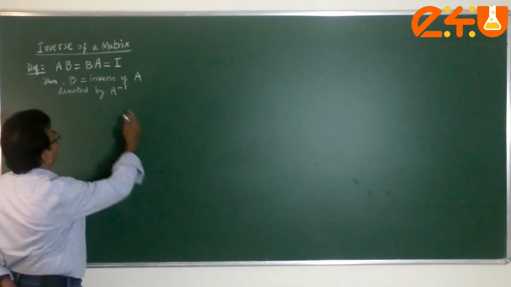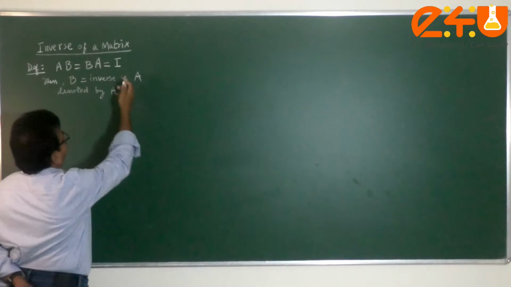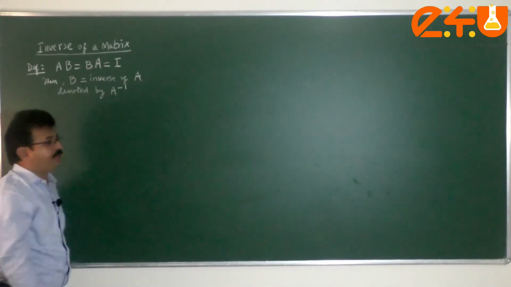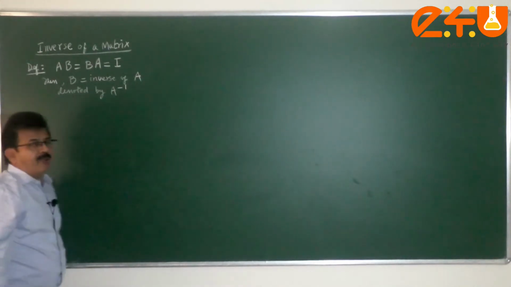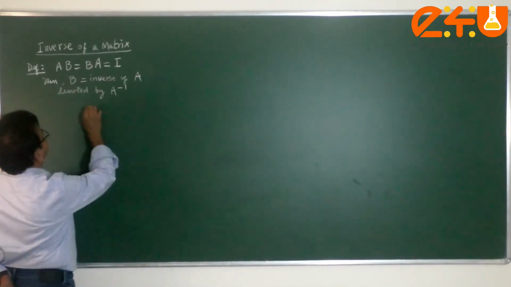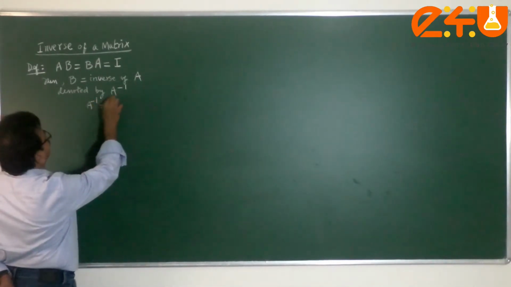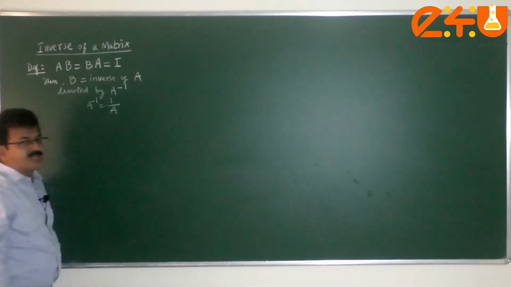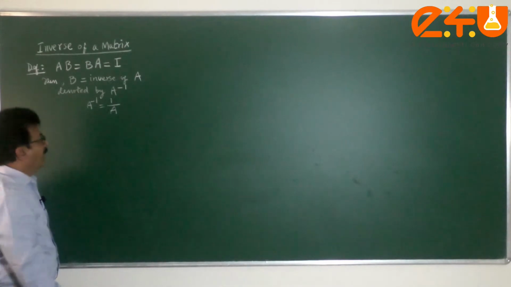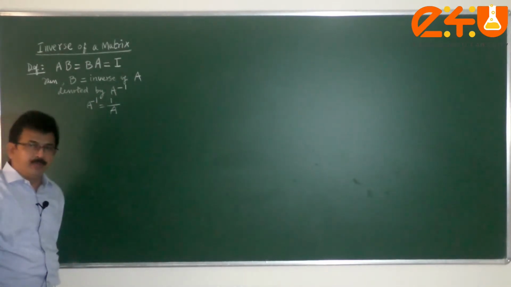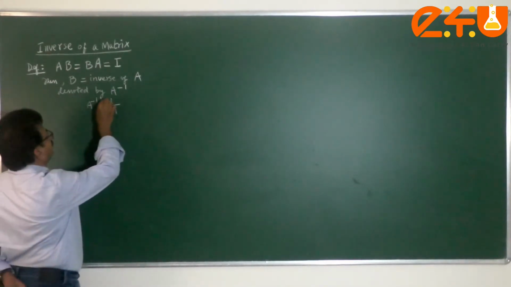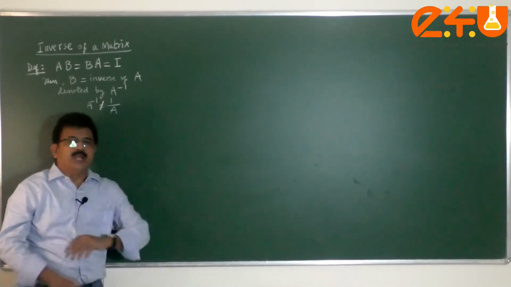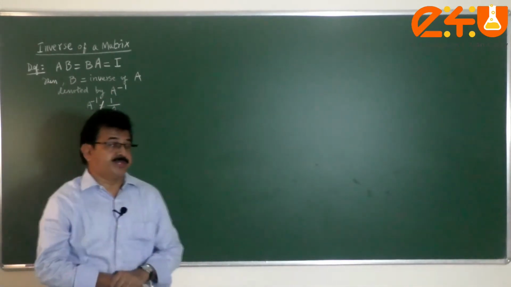But students may be wondering, why is there a power minus 1? Minus 1 is written as superscript. Superscript minus 1, does it not imply in algebra the reciprocal? In algebra, yes, any variable x power minus 1 is 1 by x, but it is not the case here. Of course, you have studied the inverse functions.